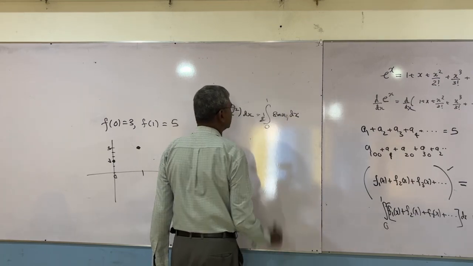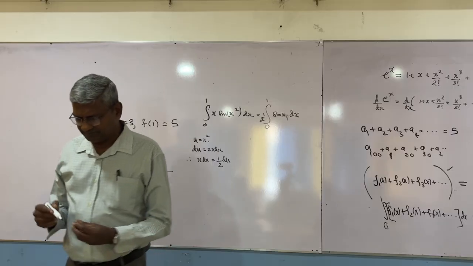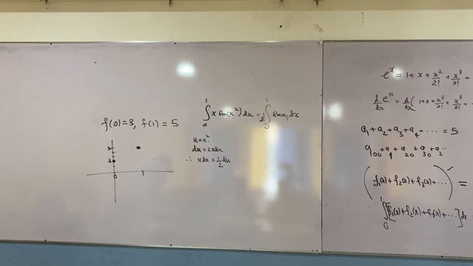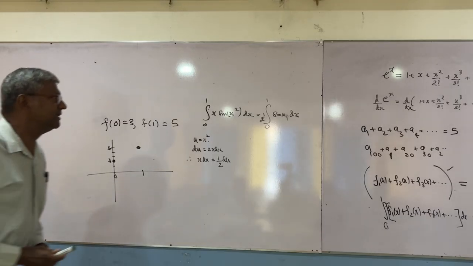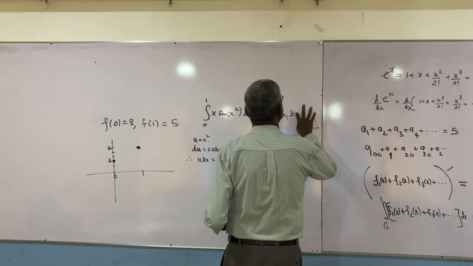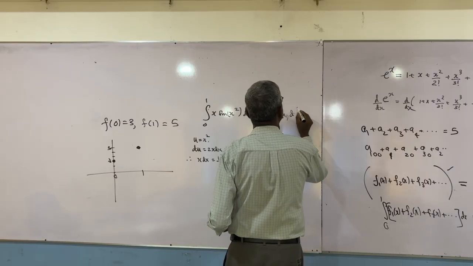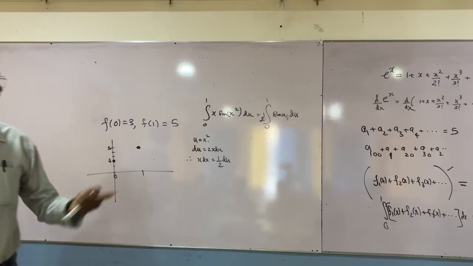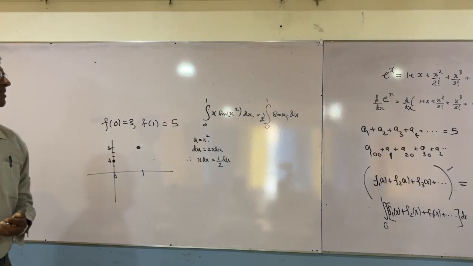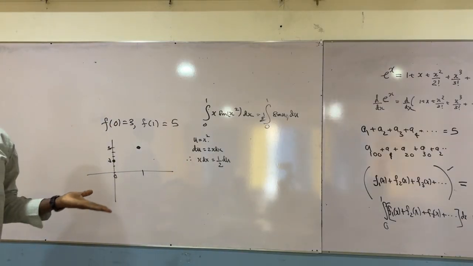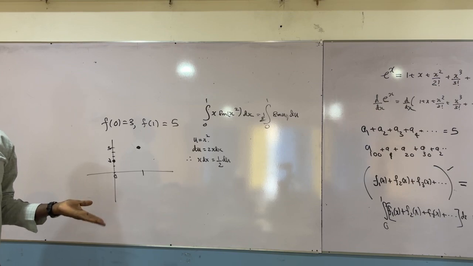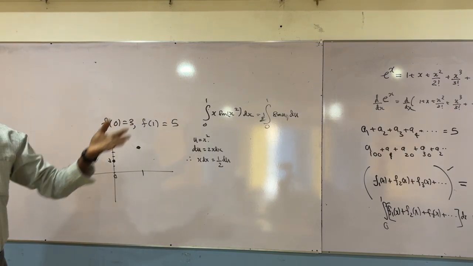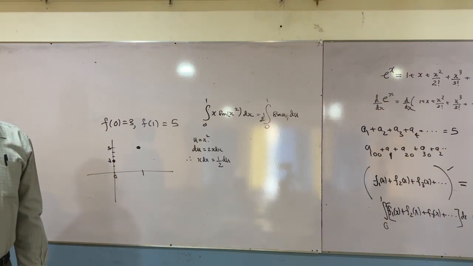Anyway, what I'm trying to say is that in A level, we are interested in this sort of thing. It doesn't matter whether it exists or not, what matters is we just do it like that. With the e to the x thing, we should add and then differentiate, but what we do is we differentiate and then add.